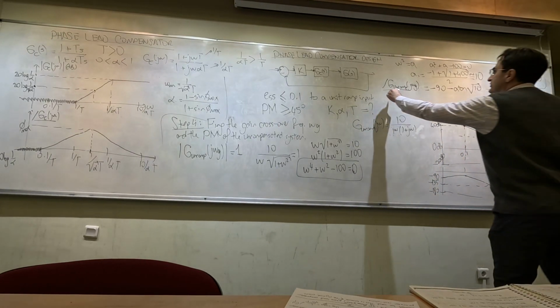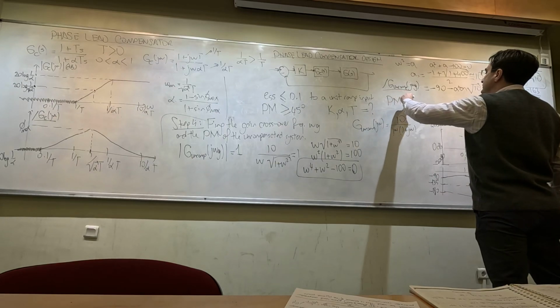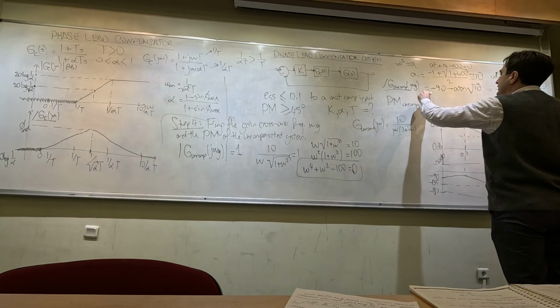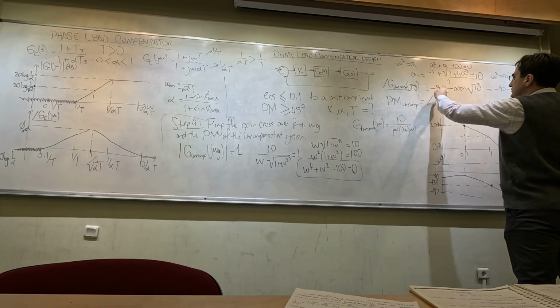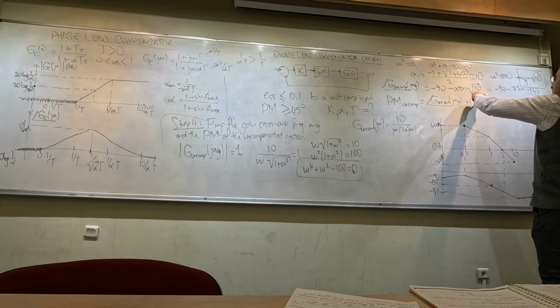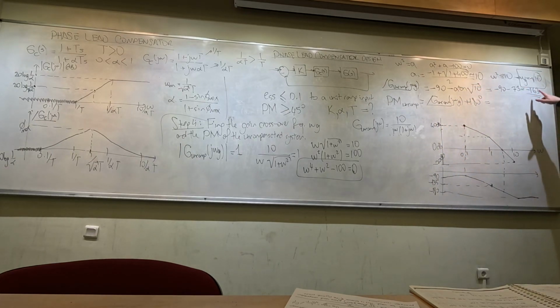So I can write here: phase margin uncompensated is this phase value, G uncompensated evaluated at omega g, plus 180 degrees. If I add 180, then 17 degrees is my phase margin of the uncompensated system.